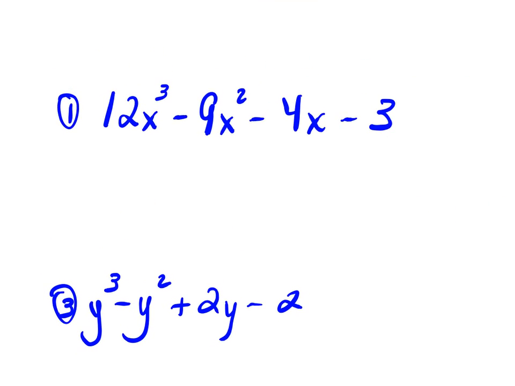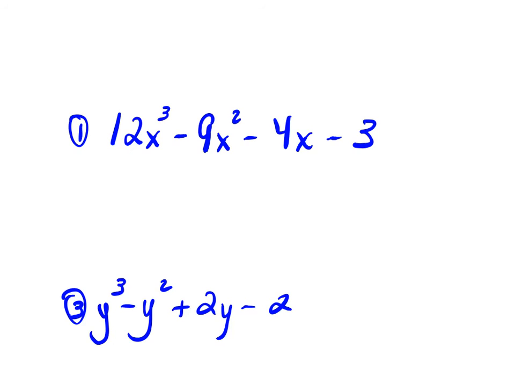So if I look at number 1, first thing we always ask ourselves is there a GCF? There is not. So I'm going to group the first 2 and the second 2. Remember to keep that negative sign with that term. So between 12x cubed and 9x squared, what do they both have in common? Number-wise and variable-wise? 3x squared.